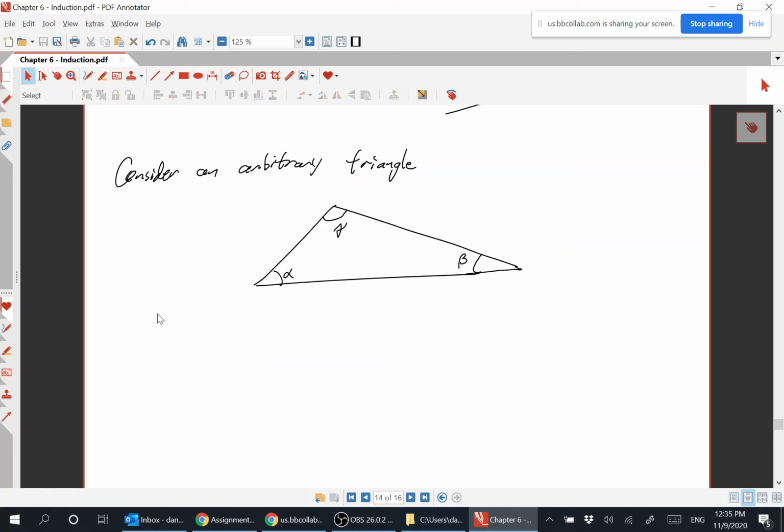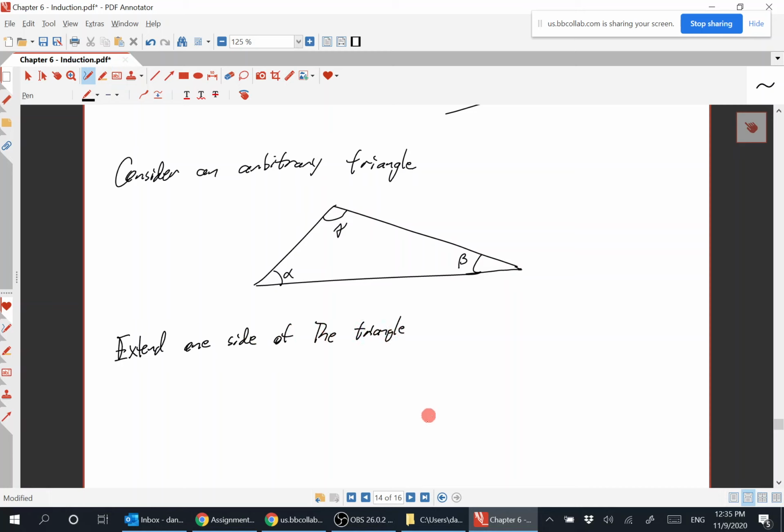Extend one side of the triangle into a long line, and then make a parallel copy of that line on the opposite side.